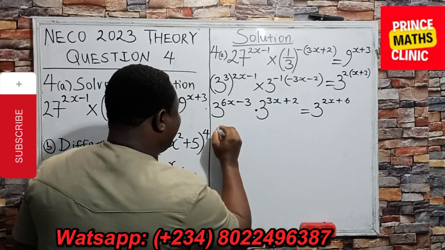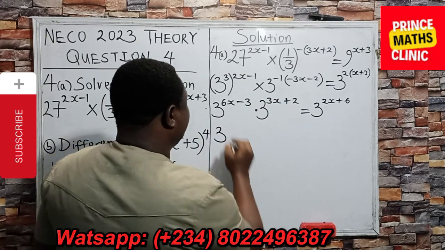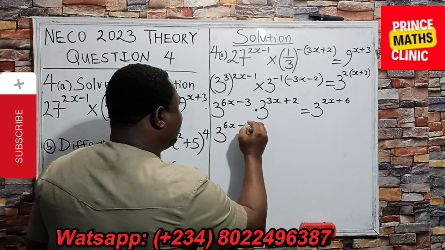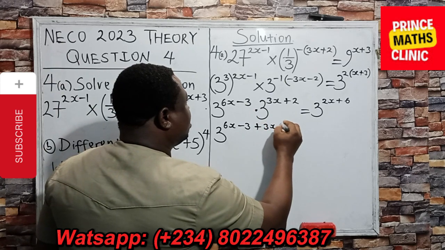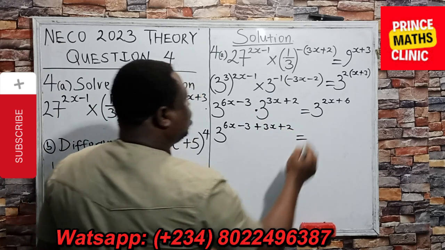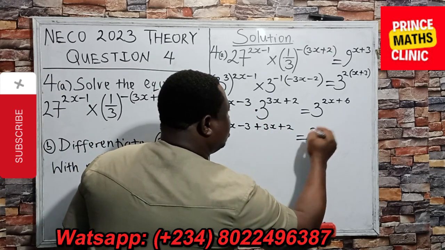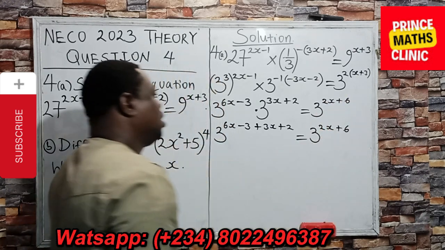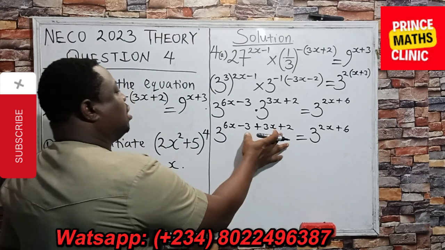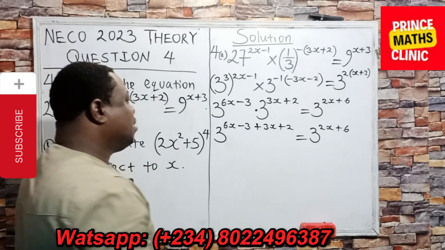This will give me 3 to the power of 6x minus 3 plus 3x plus 2, equal to 3 to the power of 2x plus 6. Then simplify by adding up like terms.